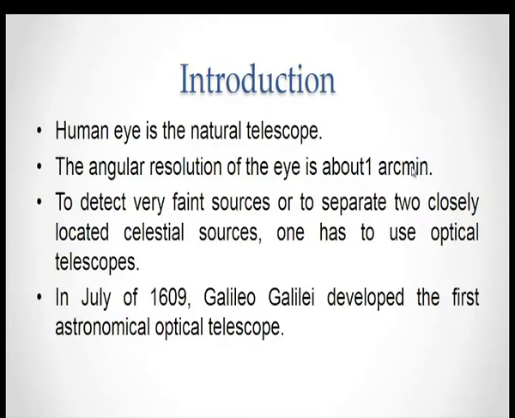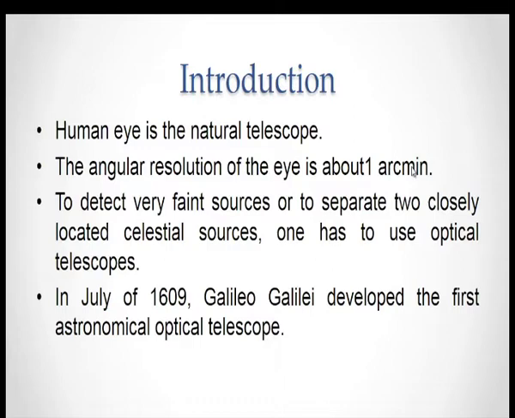To detect very faint sources which are very far, or to separate two closely located very far celestial sources, we have to use optical telescopes. If you get into the history of optical telescopes, the first optical telescope was used by Galileo Galilei in the year 1609.